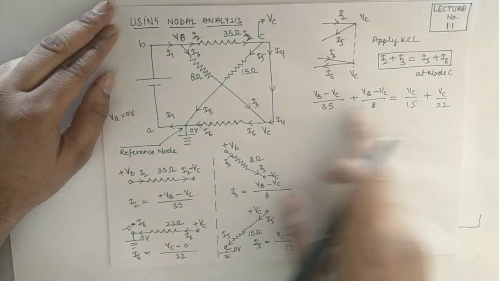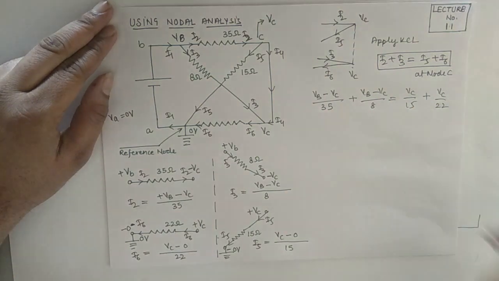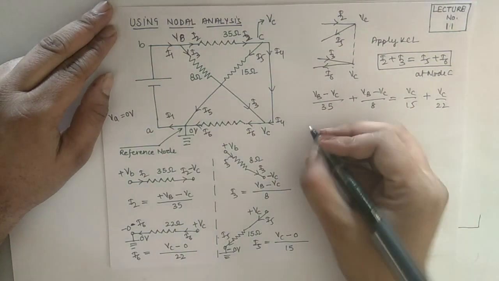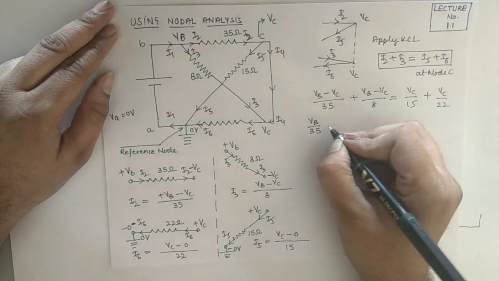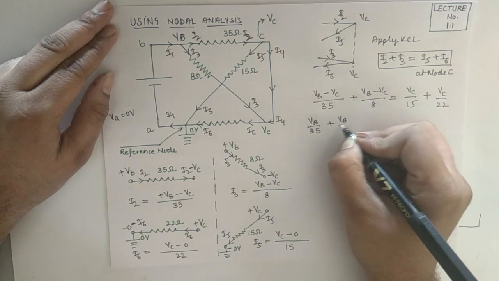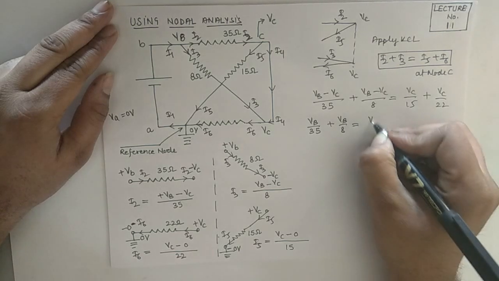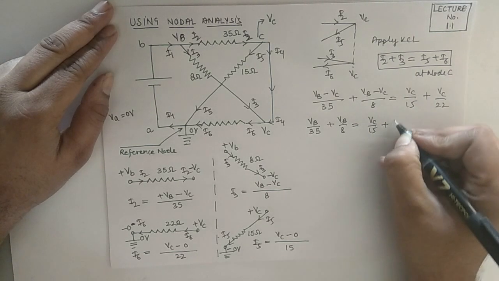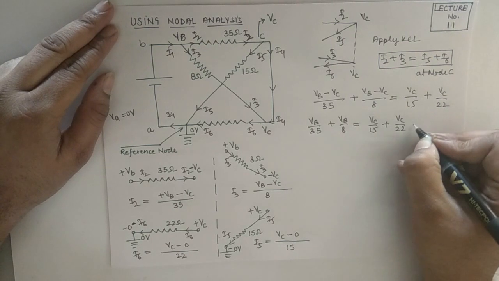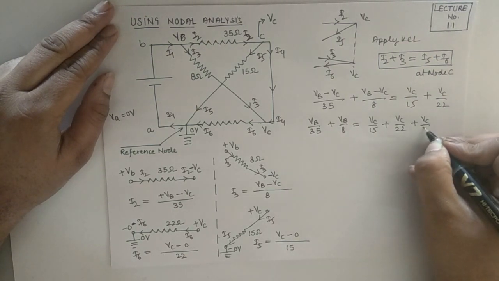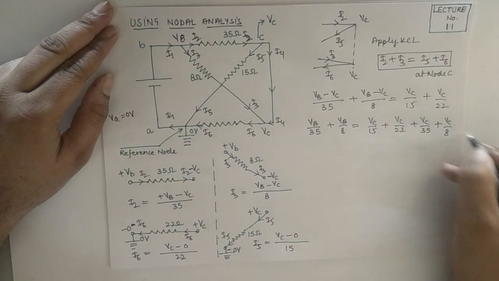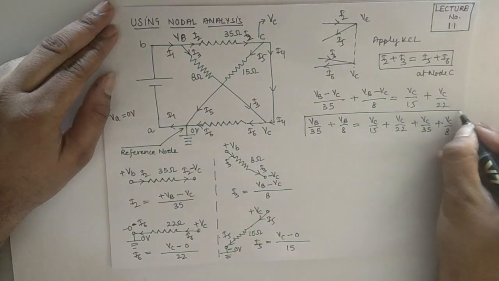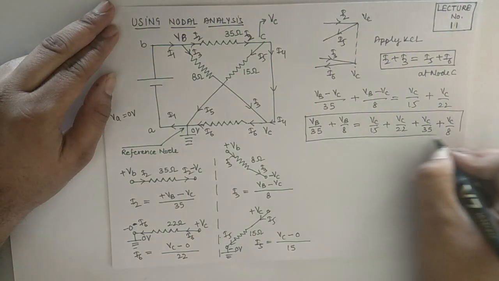We have VC on the left side, so take this VC to the right side. It would be VB upon 35 plus VB upon 8 is equal to VC upon 15 plus VC upon 22 plus VC upon 35 plus VC upon 8. So this is the equation now in terms of VB and VC.